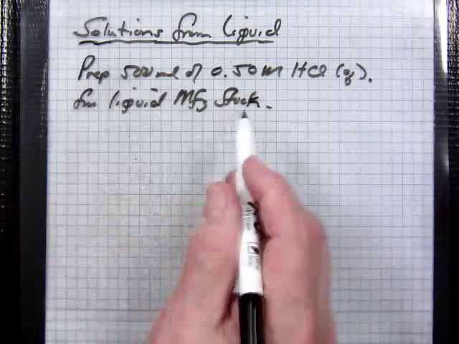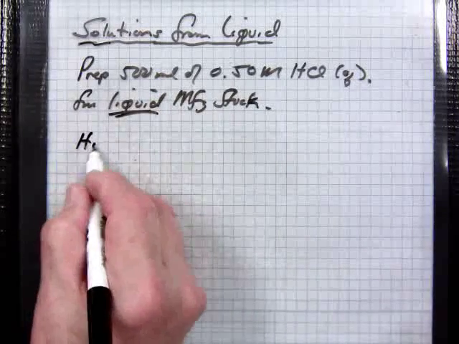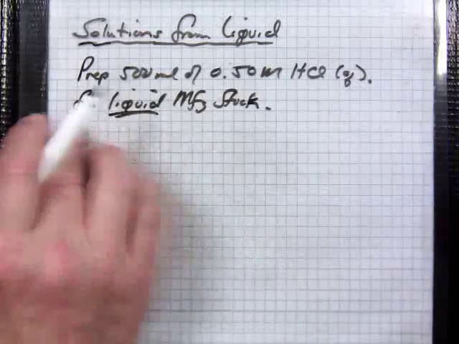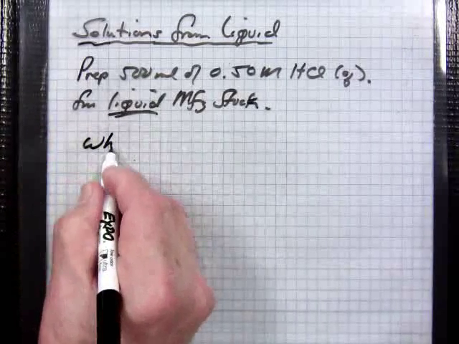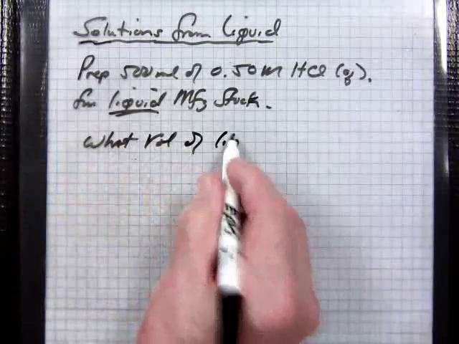Because what you're trying to do from liquid stock is ask yourself how much, or what volume, let's do it that way, what volume of liquid stock do you need?